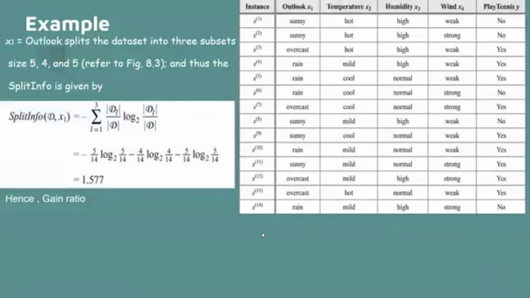So, in order to calculate split info of this data set, suppose in this example we are calculating the split info of Outlook. A split info of a particular attribute x1 in the data set D is defined as minus of summation of mod of DL upon D, log of this whole number.